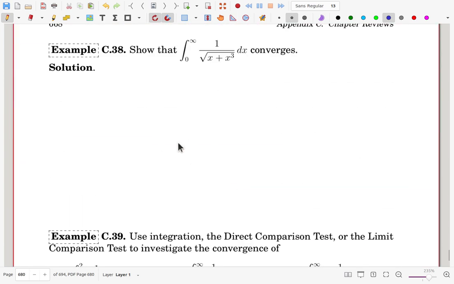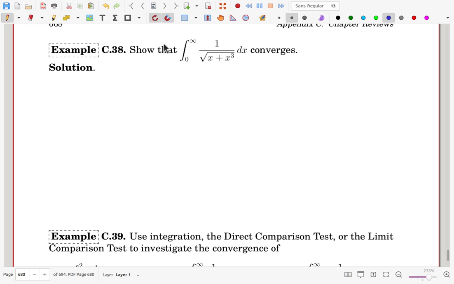Now we'll try to show that this is convergent. There are two issues. When x is approaching 0, the value goes to infinity, and the domain is infinite, so we have to consider two portions.